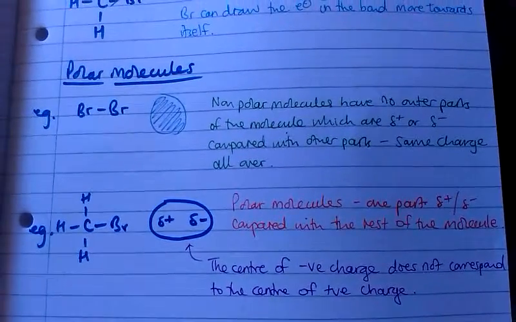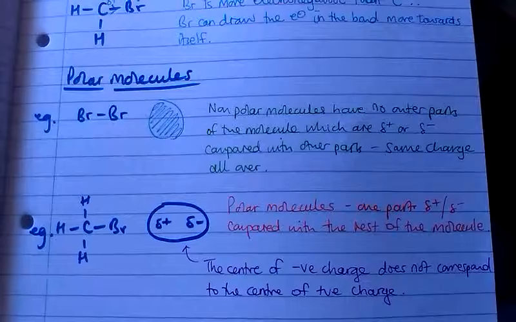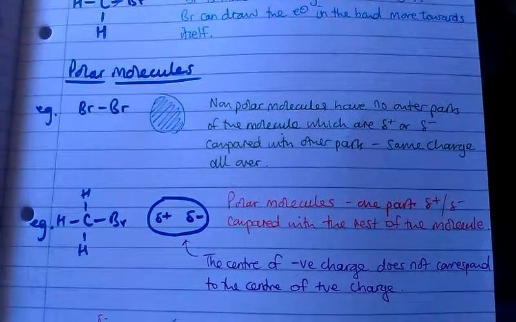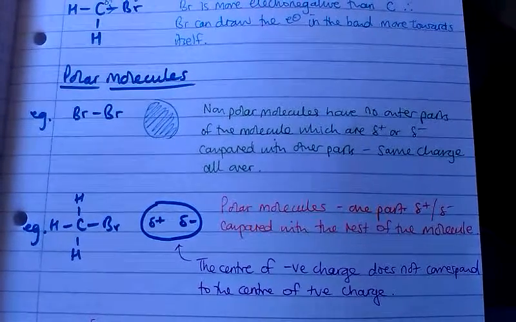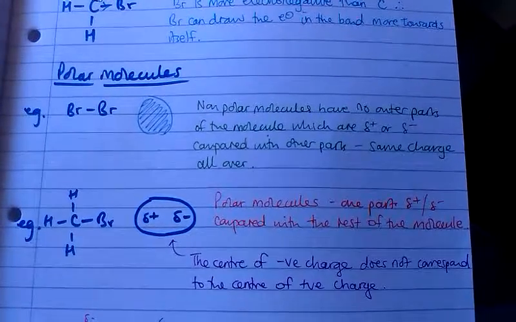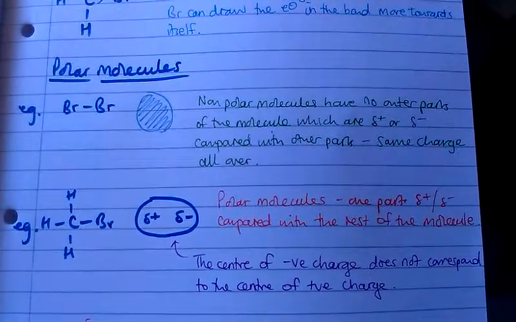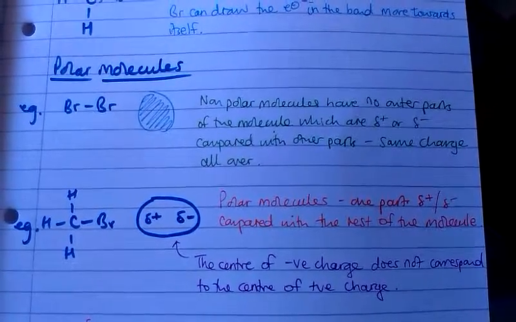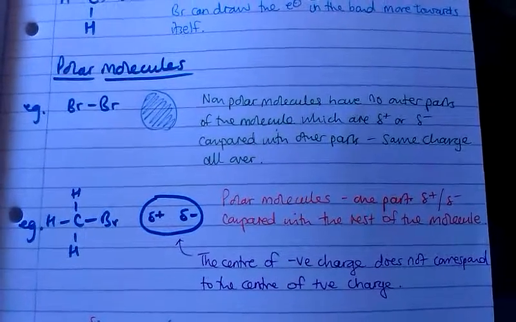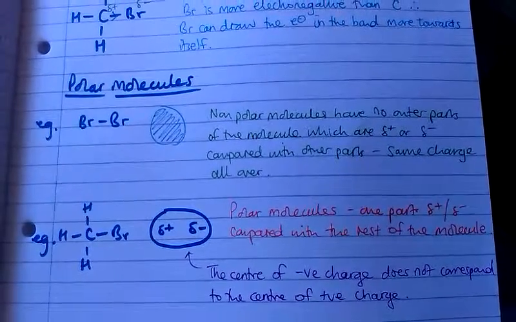Going back to bromomethane, this is a polar molecule because one part of the molecule is delta plus and another part is delta minus, and the centre of the negative charge does not correspond to the centre of positive charge.